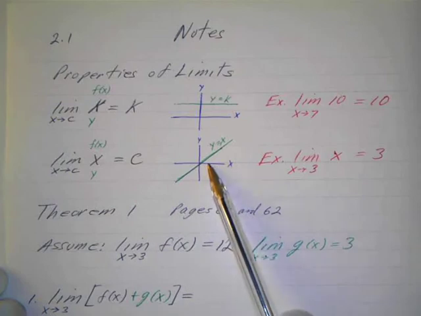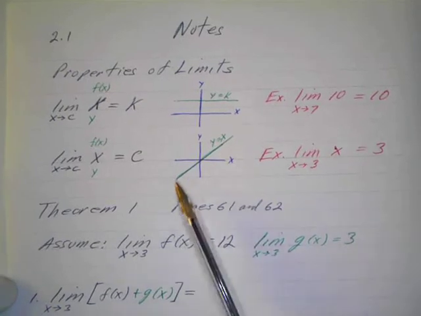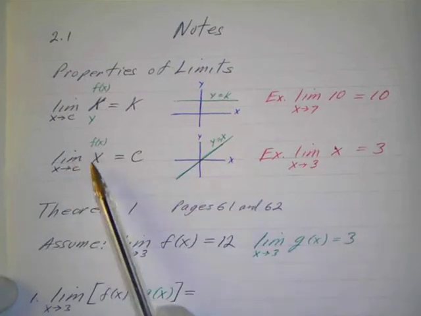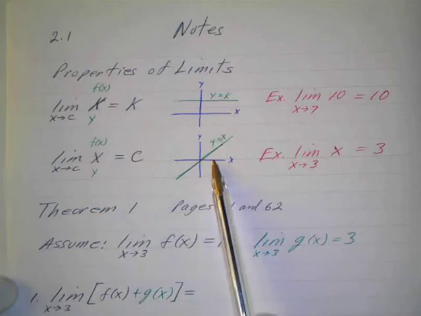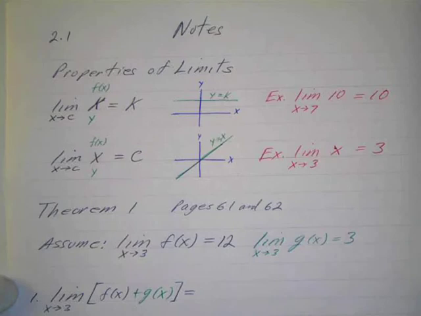Whatever the horizontal coordinate is, the vertical coordinate will be the same, y equals x. The x and the y are the same. So the limit as x approaches c of x, well, if x is 2, it's going to be 2. If x is 3, it's going to be 3. So it's just going to be whatever this is approaching. If it's approaching c, the coordinate would be (c, c), so it'd be c.